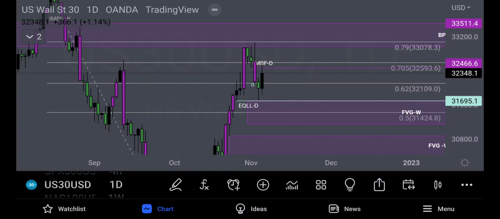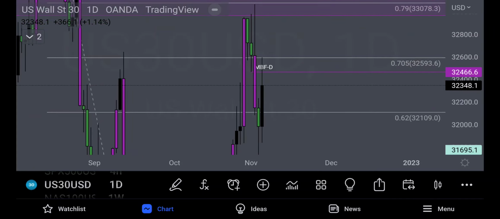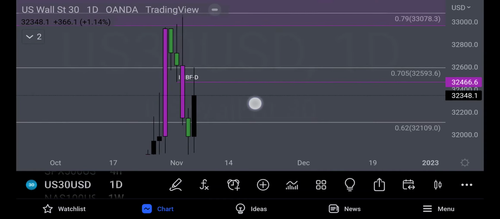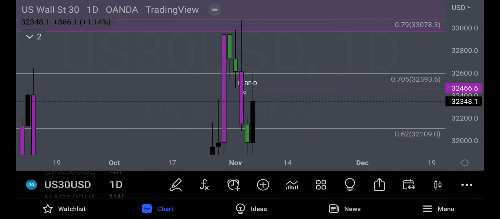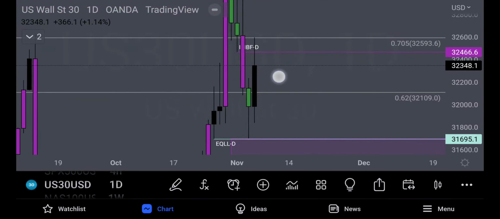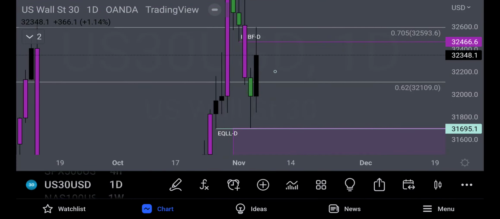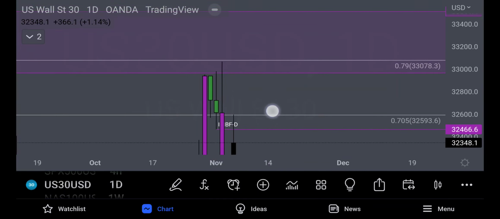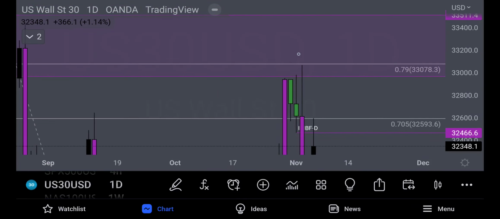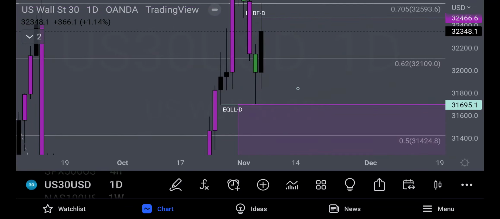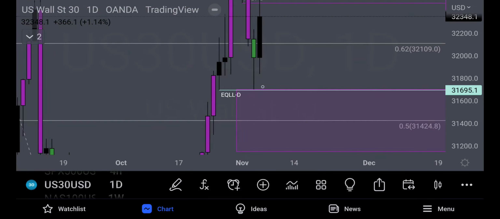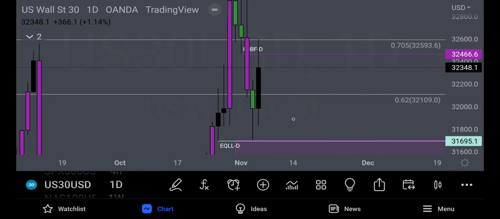We pushed down, and an FVG was filled here on the daily, and then the daily started to push down. Now here on the daily, we do have liquidity here at the top, but we also have equal lows down here at the bottom.